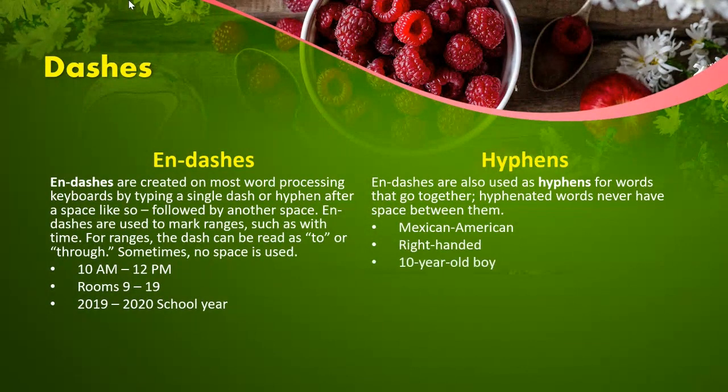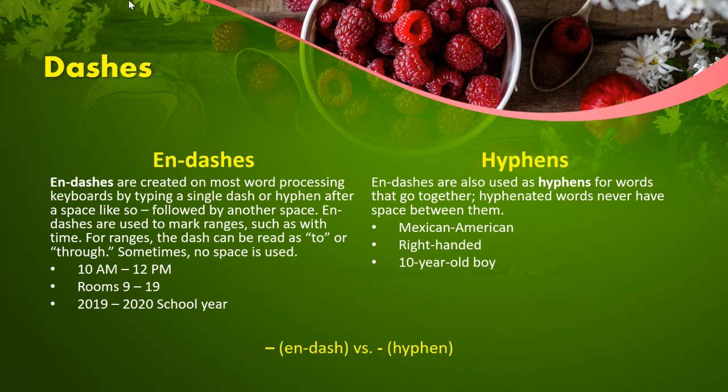N dashes are useful to mark ranges, such as with time. For these ranges, the dash can be read aloud as to or through. Sometimes no space is used. The following are some examples of instances in which N dashes would be useful. 10 a.m. to 12 p.m., rooms 9 through 19, 2019 to 2020 school year.